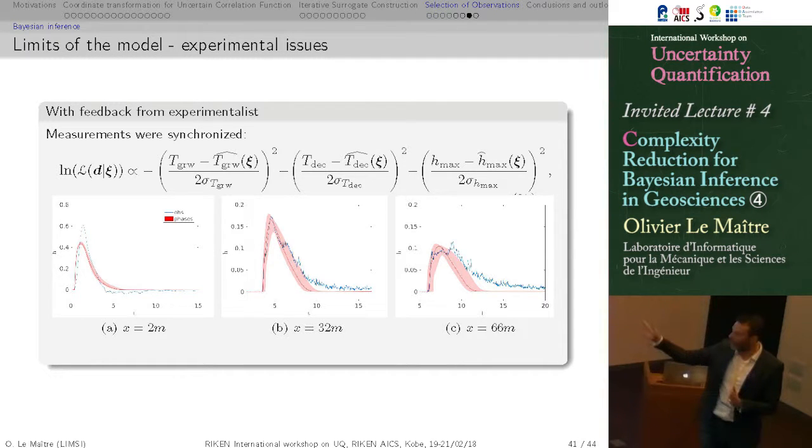Because we cannot trust the arrival time in the experimental measurement, what we did is synchronize our simulation with the experimental measurement for the MAP point. So the MAP has the same arrival time as the experimental measurements, and so it's a fixed translation in time.